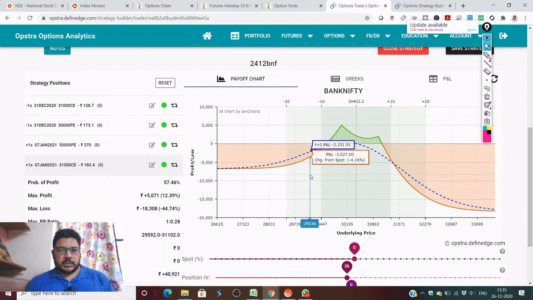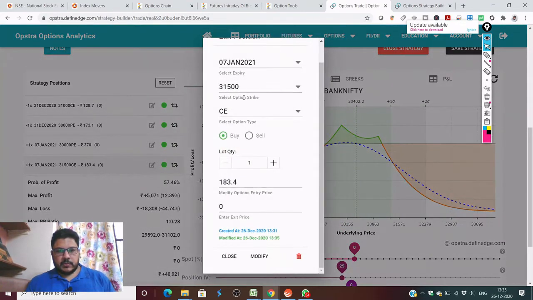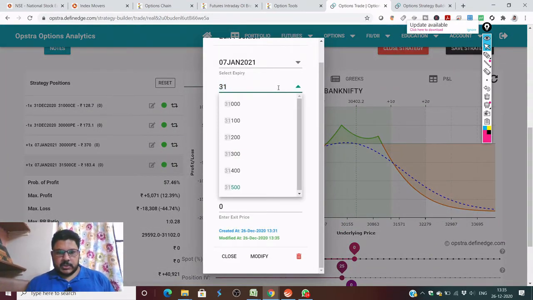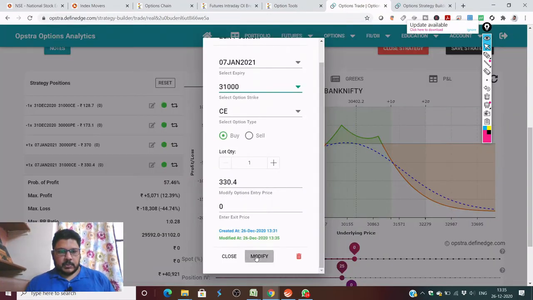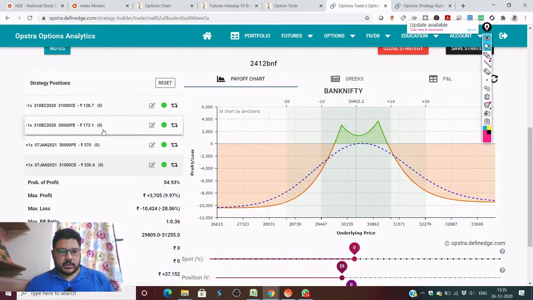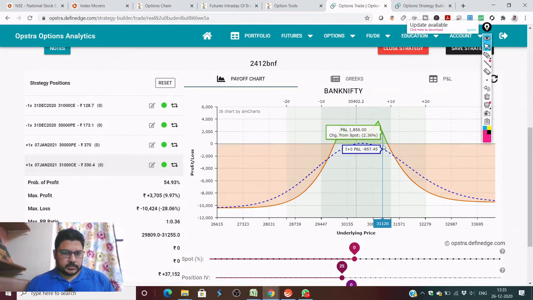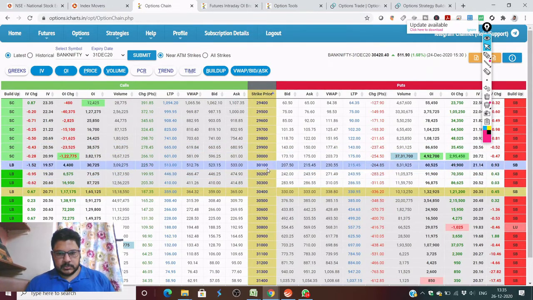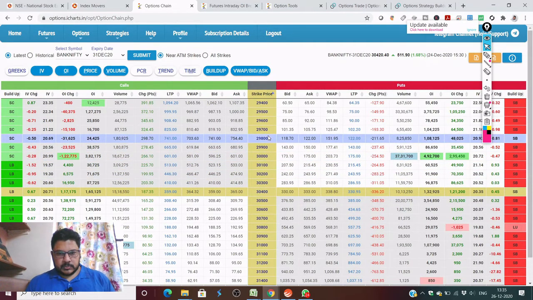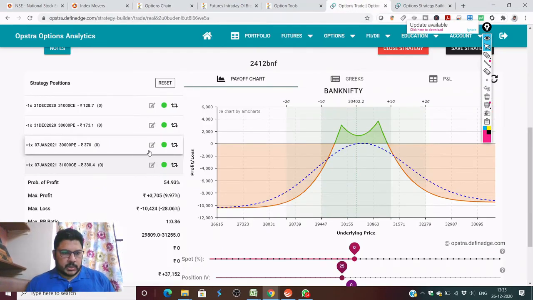So on the downside, you have a better width if the market starts going down. Similarly, if you want to do it on the upside, instead of the 30,000 put buy, you can actually buy a 29,500 put.